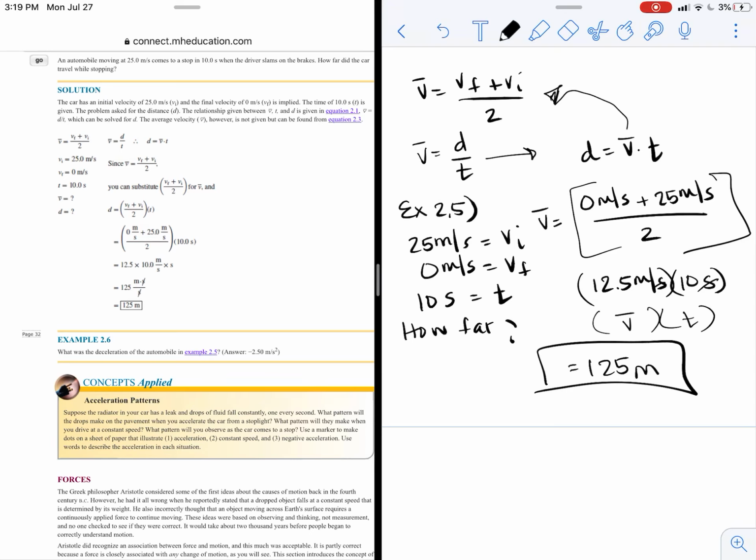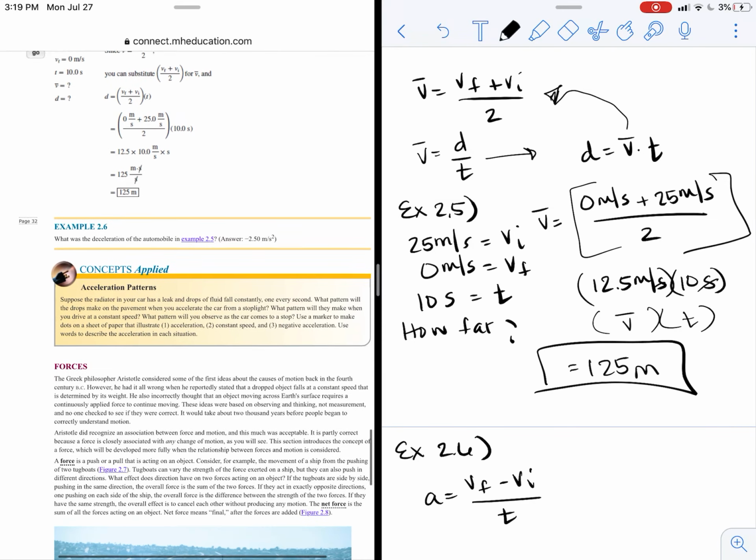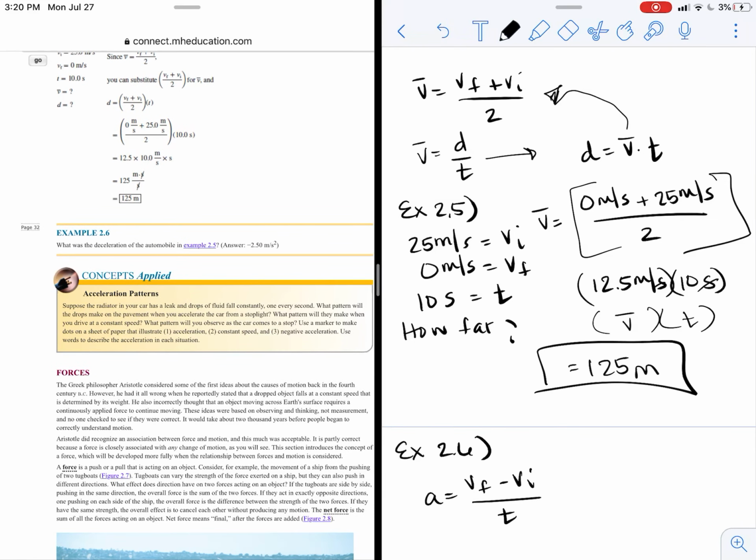Okay. Example 2.6 says, what was the deceleration of the automobile? So this is actually asking you to find acceleration. Remember, acceleration and deceleration are sort of the same thing. Obviously one is getting faster and one is getting slower, but it's still considered acceleration. So what was our final velocity in that previous example?